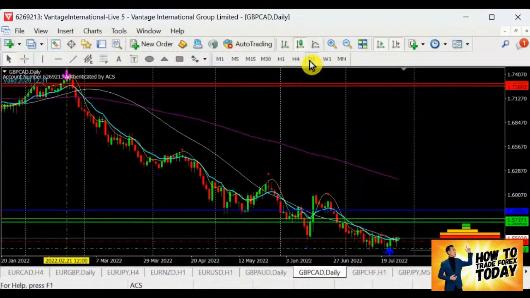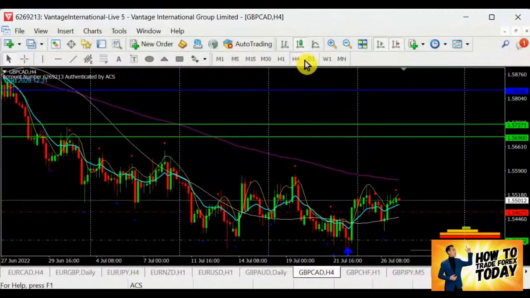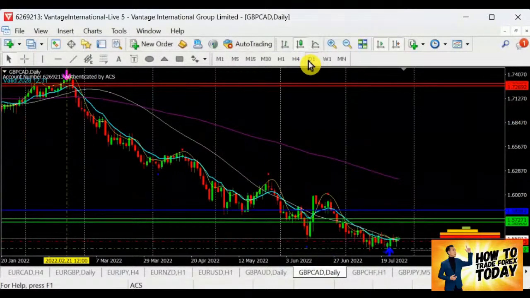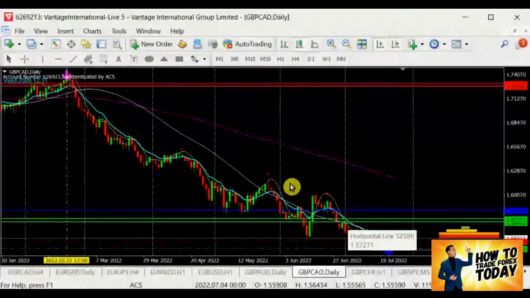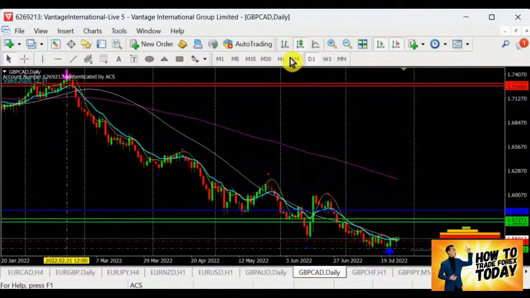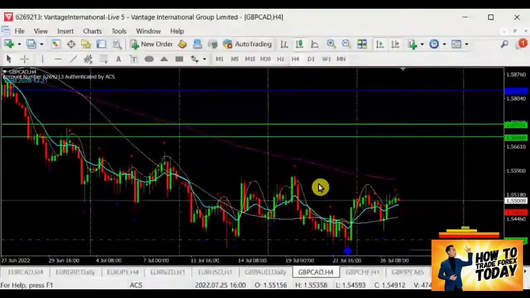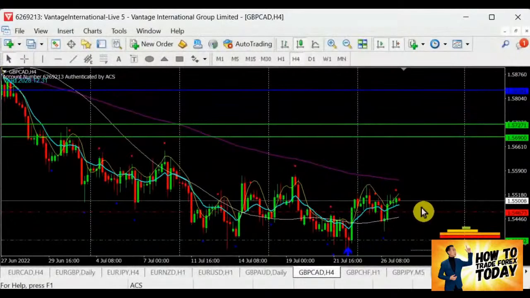Okay, pound CAD. Let's take a look at pound CAD. At the moment, we are still in the bear. In this bear trend over here, we have tested once on the support, second test, and now it's moving above. Now, when it started to retrace this way, it seems like it's getting into a state of bull, the starting point of a bull.